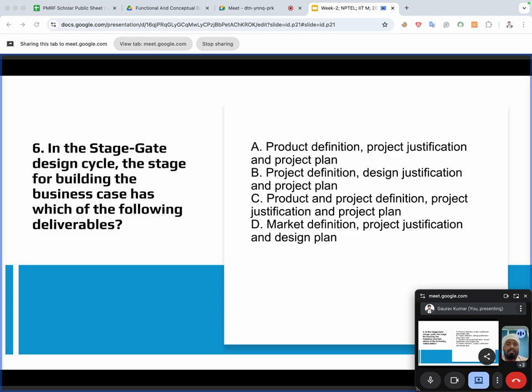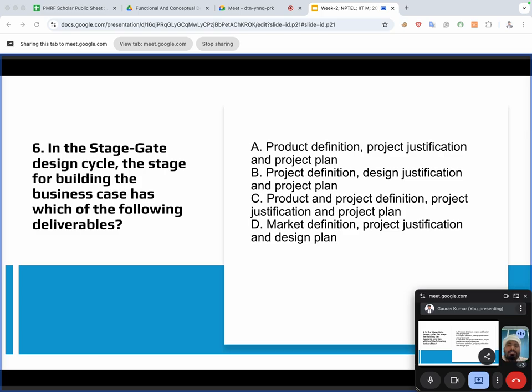Basically agile is a flexible, iterative approach to product development where solutions evolve through collaboration like user feedback and rapid prototyping.